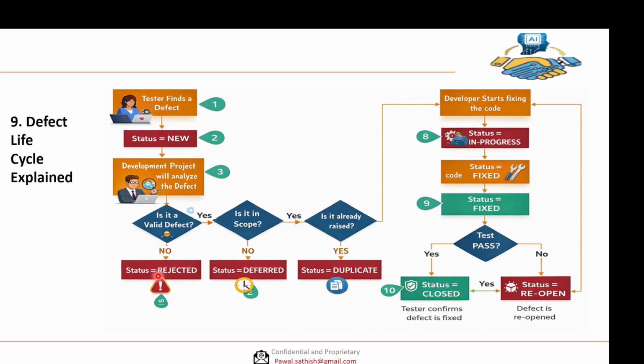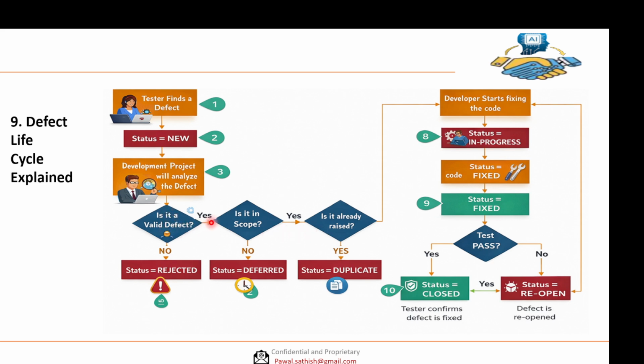Next is the defect life cycle. When a tester finds a defect, the status is New. Then the development manager, product owner, or stakeholders come together and analyze the defects in a triage meeting, asking three questions. Is it a valid defect?